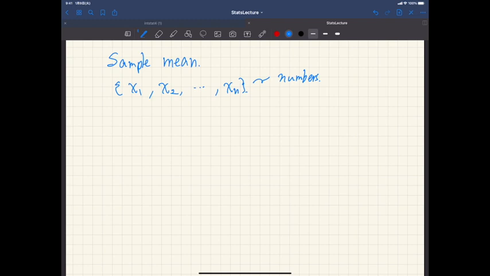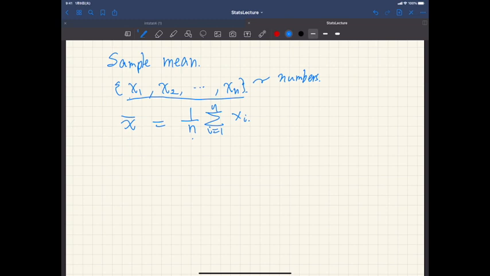Then the sample mean is defined as this. So just sum all the values and divide by the number of elements. So that's n. So this is called sample mean.